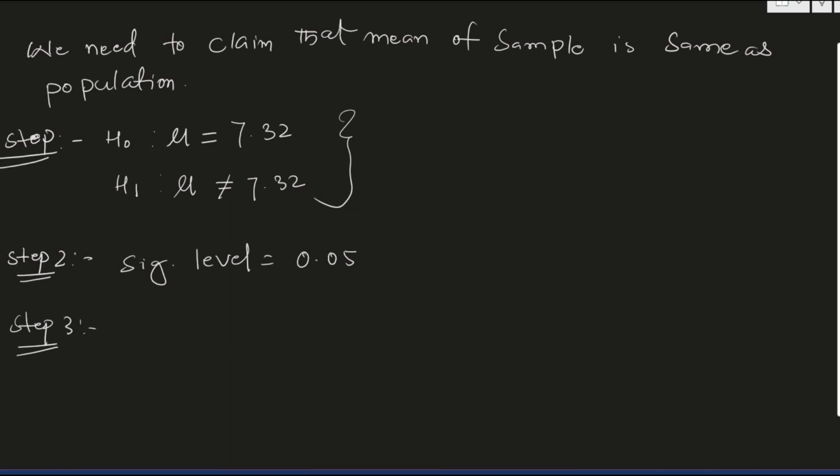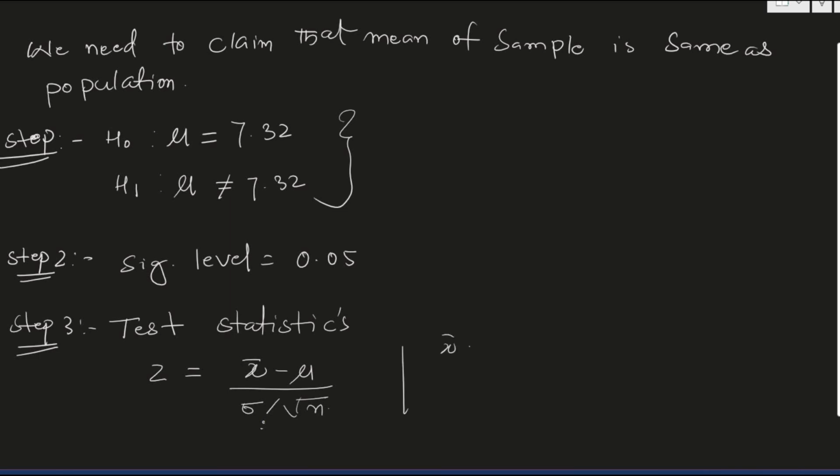We already have the data. Basically, step three is about collecting the data, but let's directly calculate the test statistic. Now we are trying to calculate the z score. The formula was x bar minus mu divided by sigma over root n.